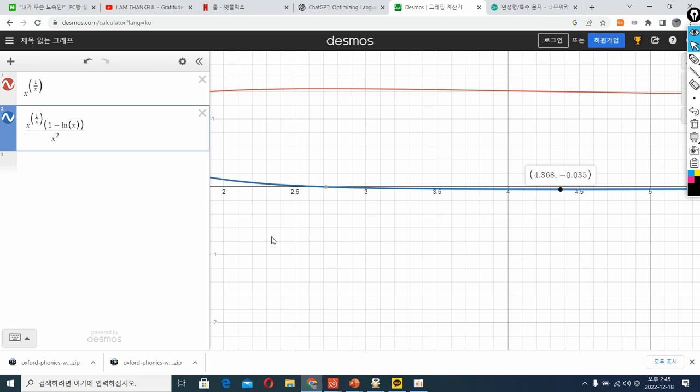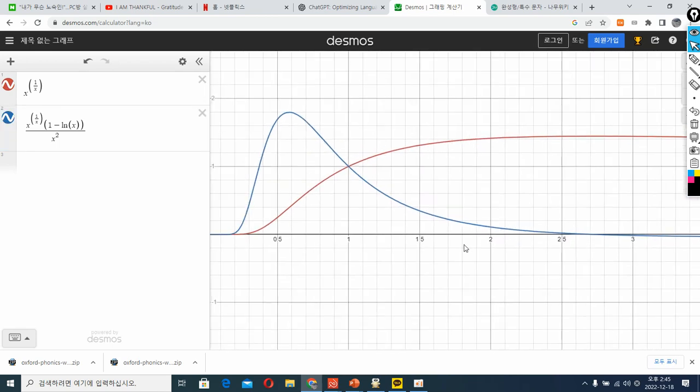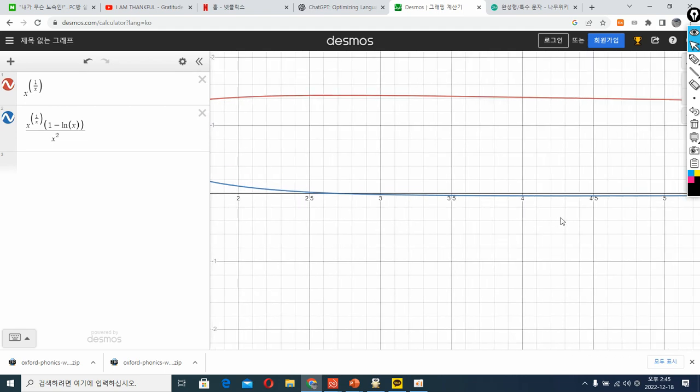And so let's just see this point using the second derivative.